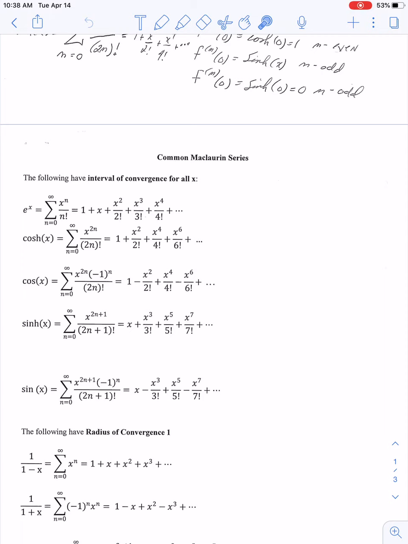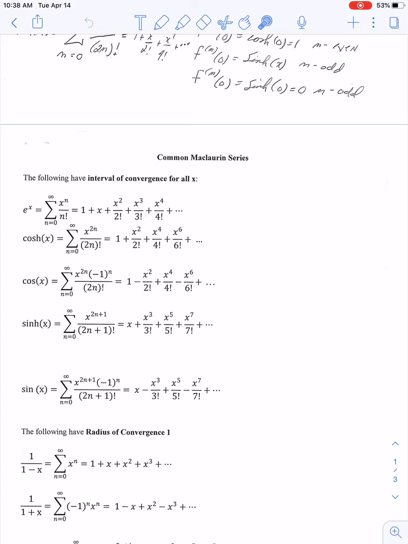Minus sine, and the derivative of minus sine is minus cosine. So, one even power will have cosine, the other one will have minus cosine. You get it? 1 plus, 1 minus. So the only difference between the hyperbolic cosine and the cosine is that alternating change in sign. By the same token, the only difference between the hyperbolic sine and the sine is that alternating plus minus, which we find in sine.